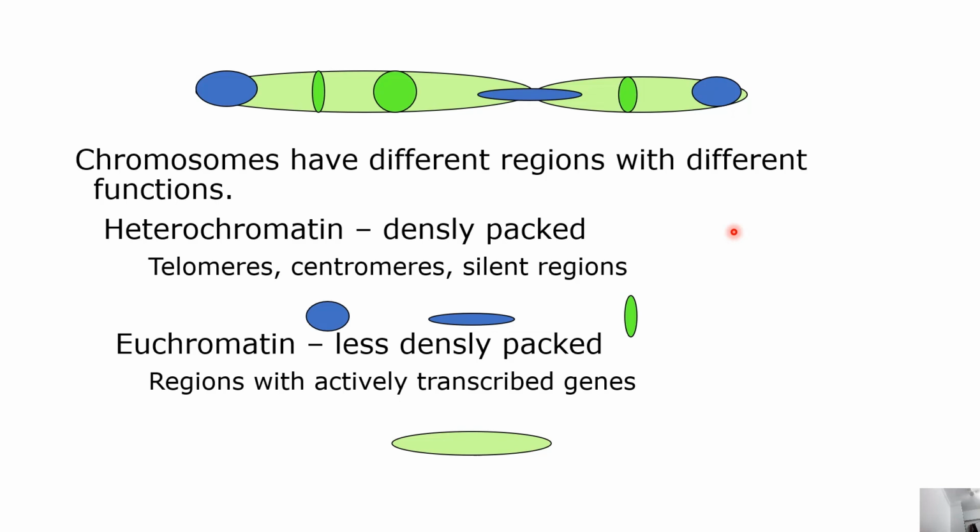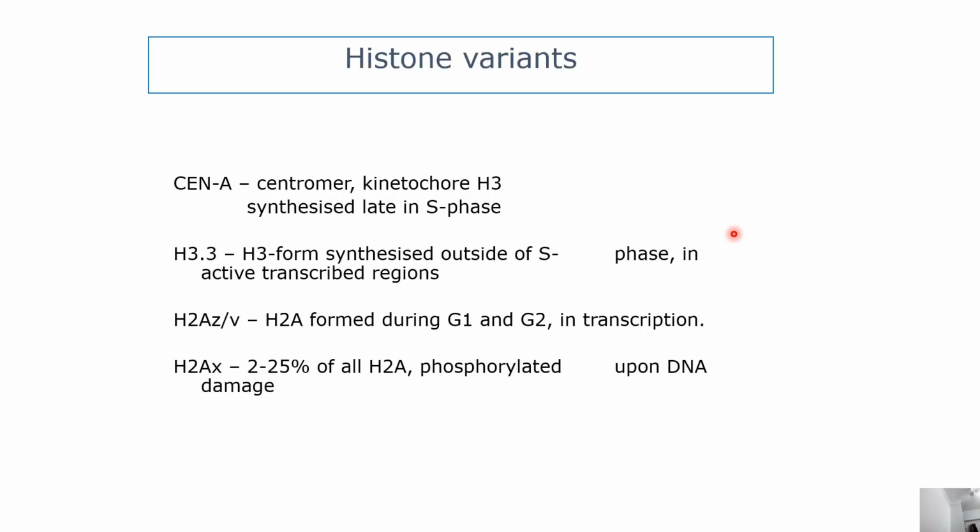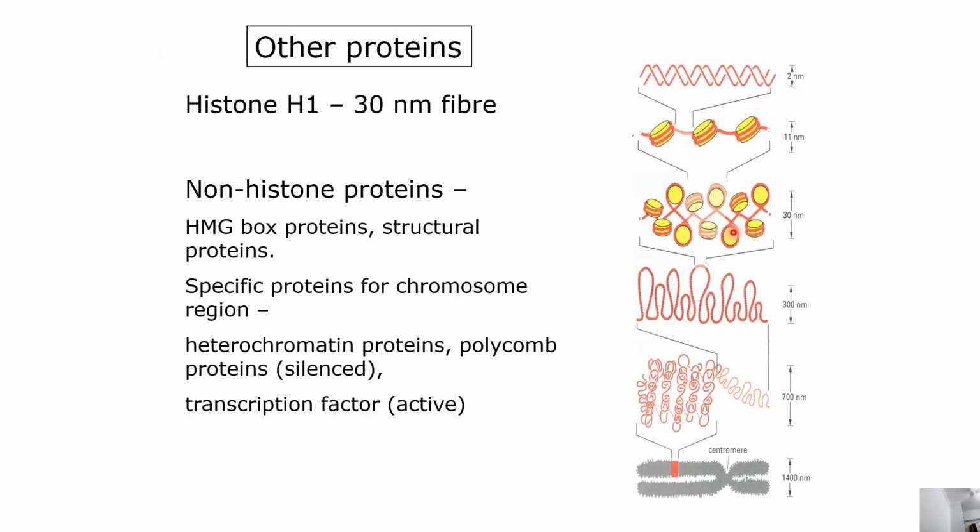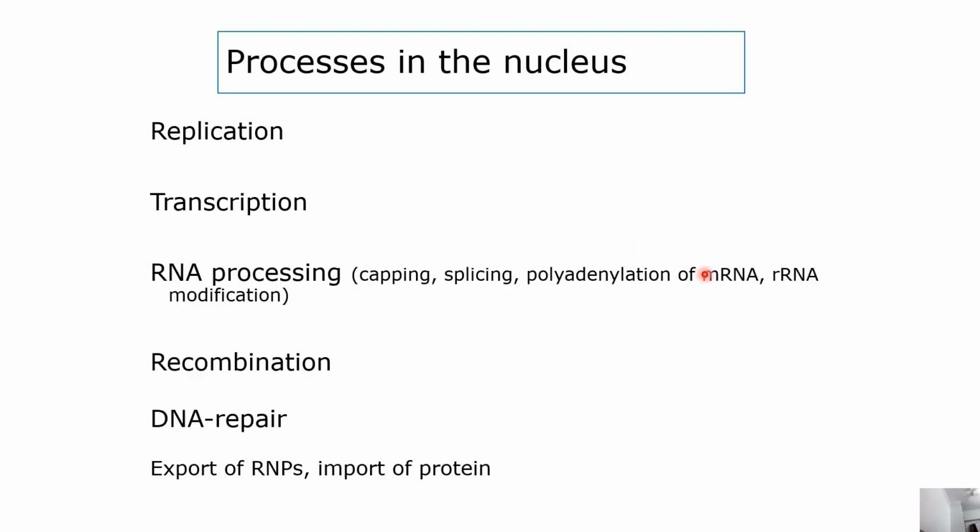Chromosomes have different regions with different functions. Heterochromatin is densely packed: telomeres, centromeres, silent regions. Euchromatin is less densely packed, with regions of actively transcribed genes. Other proteins are histones, H1, and non-histone proteins like HMG box proteins.